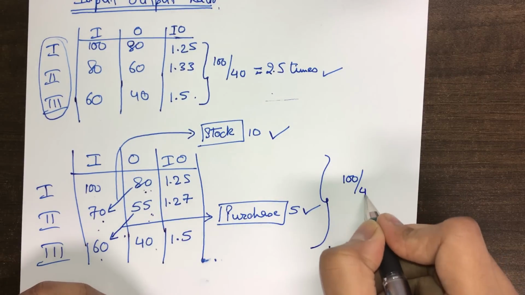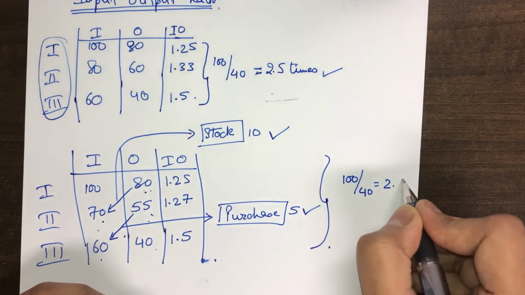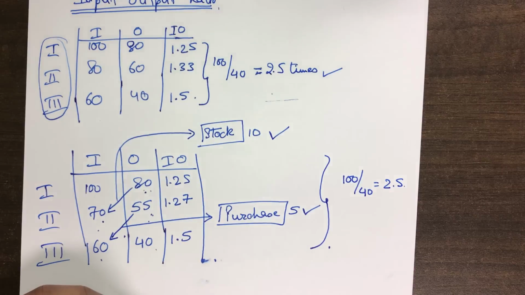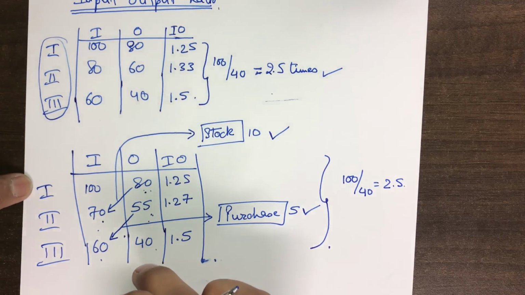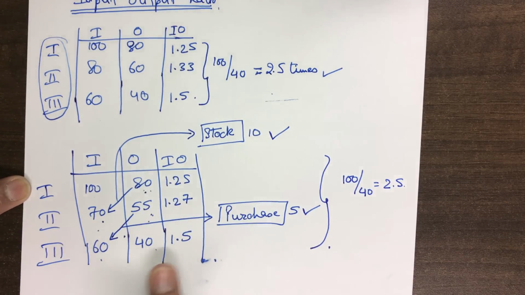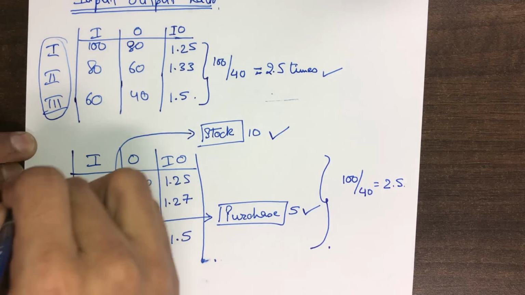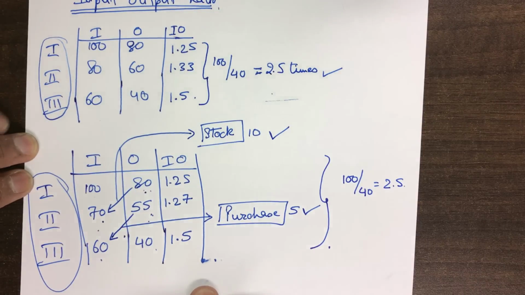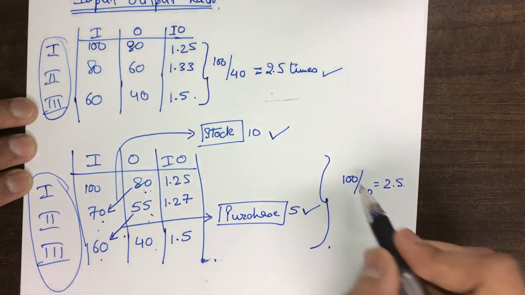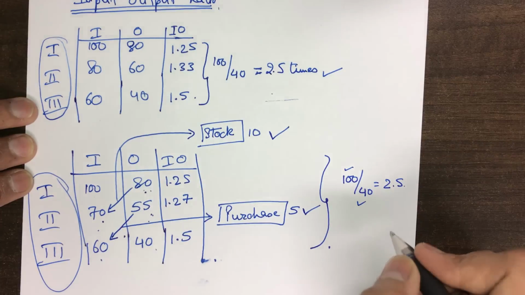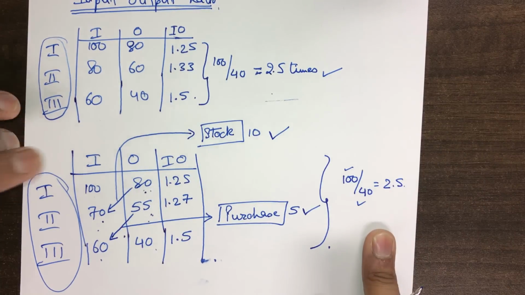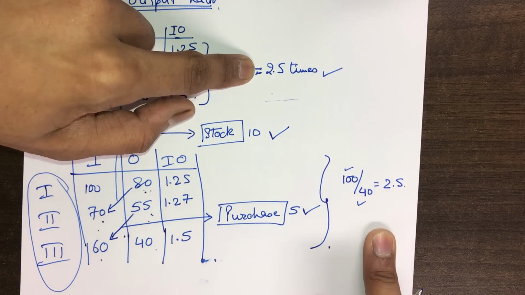Sir, 100 divided by 40, 2.5. So 100 units introduced in first process gives me an output of 40 units in the third process. So the input-output ratio of the entire 3 processes taken together is computed by dividing 100 with 40, and the answer should be 2.5, which is same as the earlier answer of 2.5.